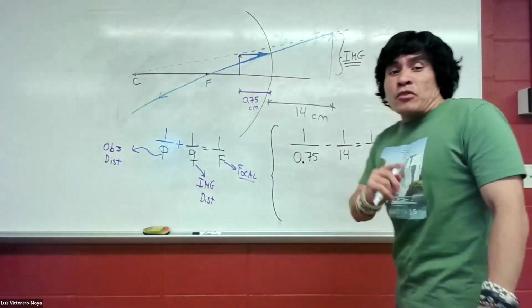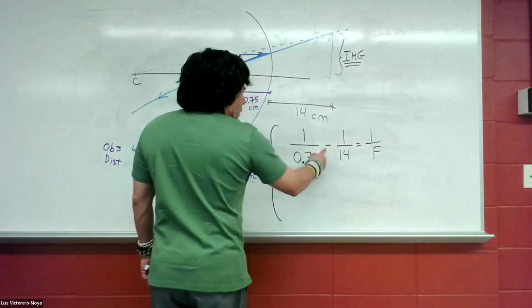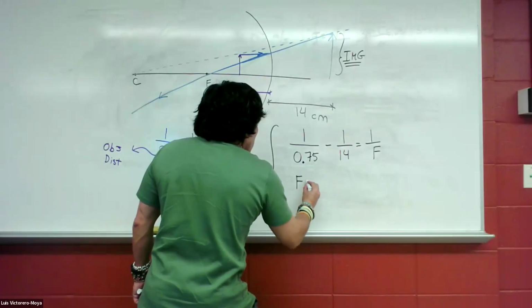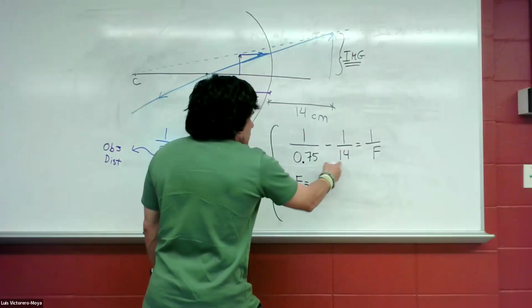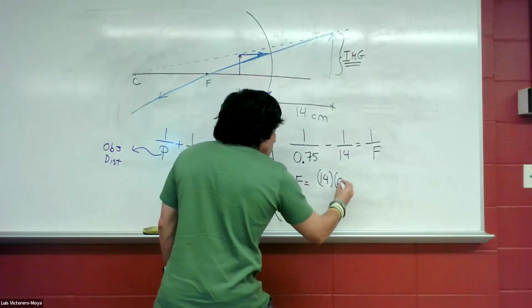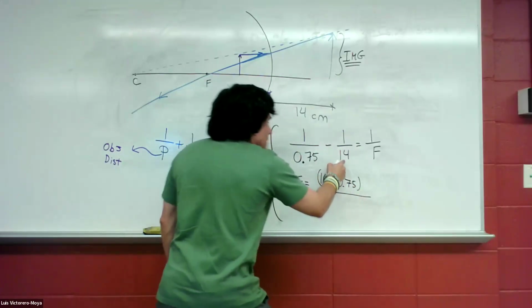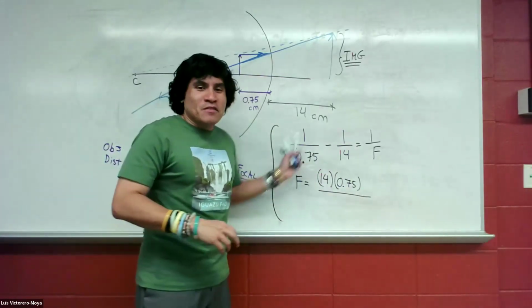I want to give you an algebra trick. 1 over a minus 1 over b. F is this times this over this minus this. Not this minus this minus this.